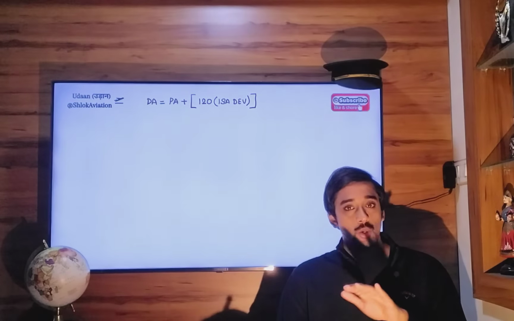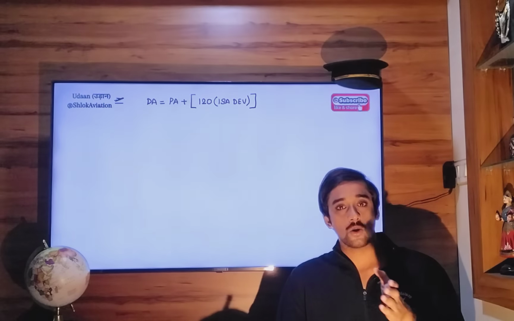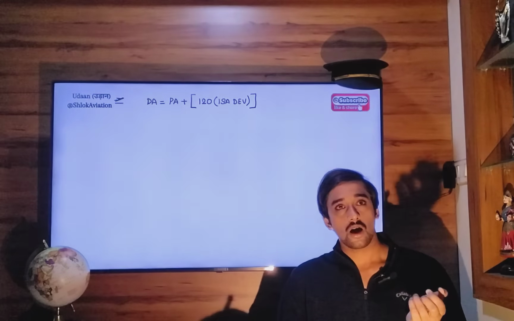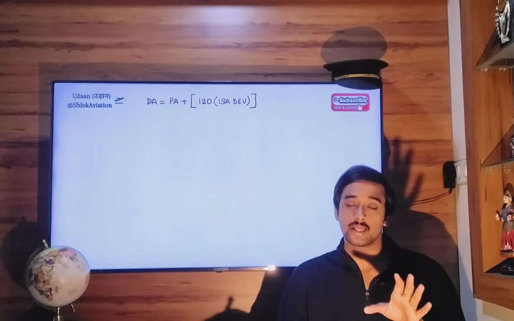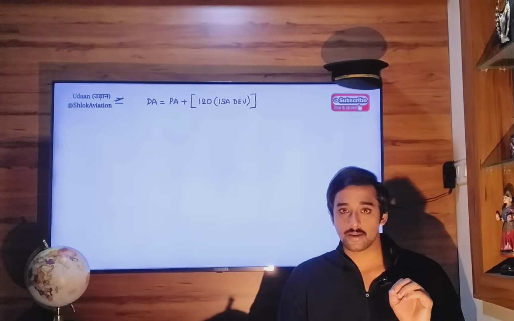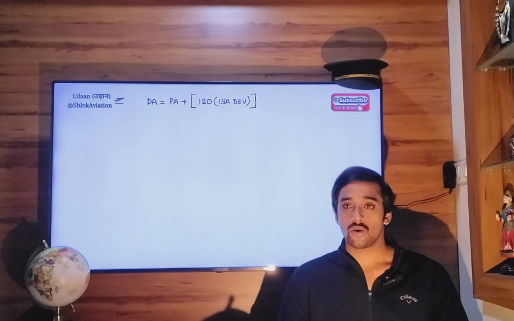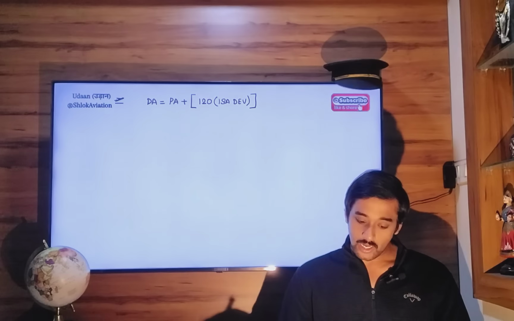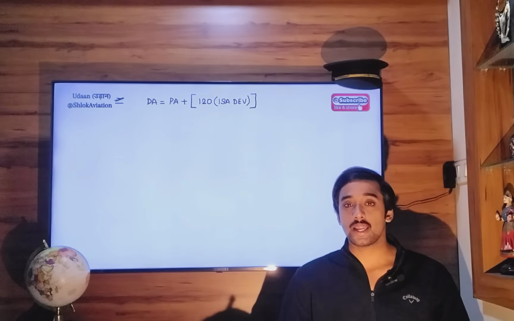So now let's say you are at pressure altitude mean sea level, and the temperature over there is warmer than 15 degrees Celsius. So let's say it's 20 degrees Celsius, 30 degrees Celsius, whatever. So if it's warmer than ISA temperature, what will happen?